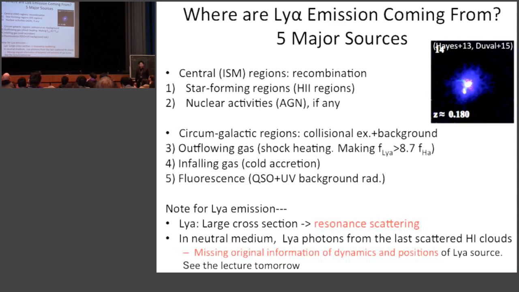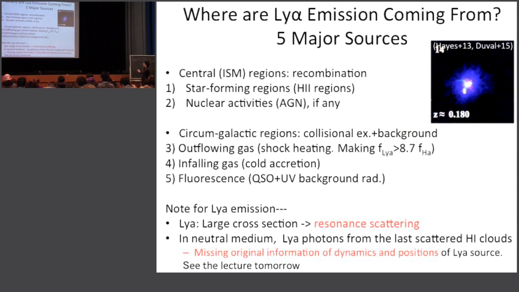There are 5 major sources of the Lyman-alpha emission. Okay, so in 2 regions, as I said, central ISM regions and circumgalactic medium regions. So in the central regions, of course, the H2 regions emit the Lyman-alpha emission lines, and also the nuclear activities of AGN produce such Lyman-alpha photons, if any.